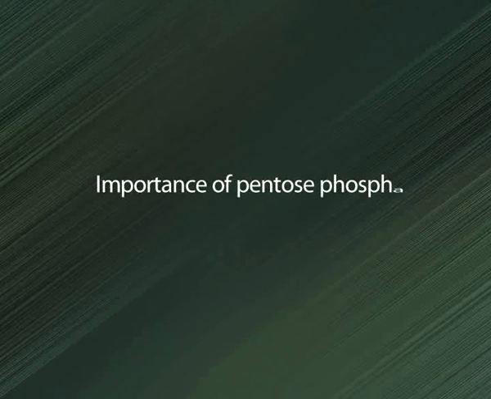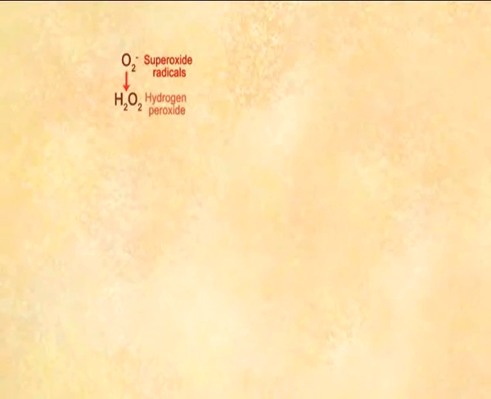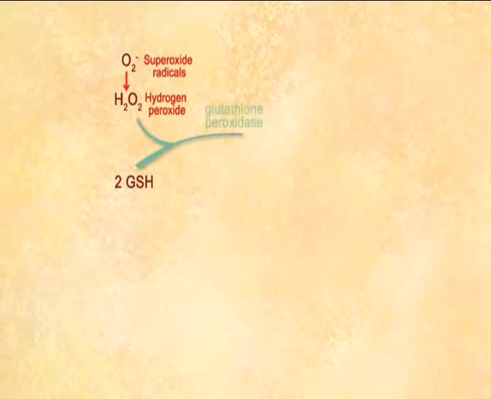Importance of the pentose phosphate pathway in erythrocytes. When erythrocytes are exposed to chemicals that generate high levels of superoxide radicals, reduced glutathione is required to reduce these damaging compounds.